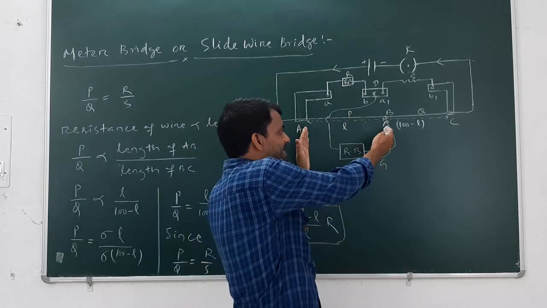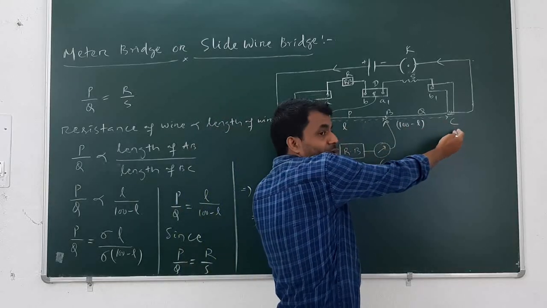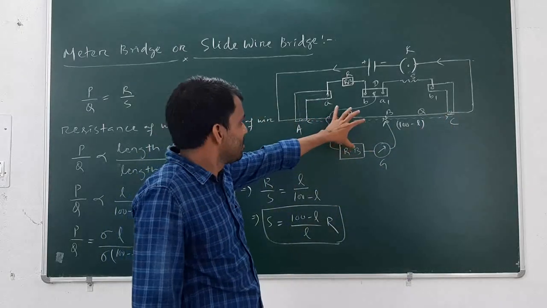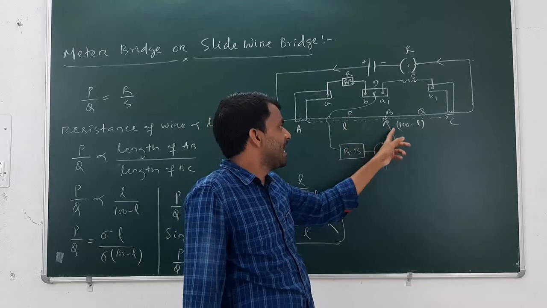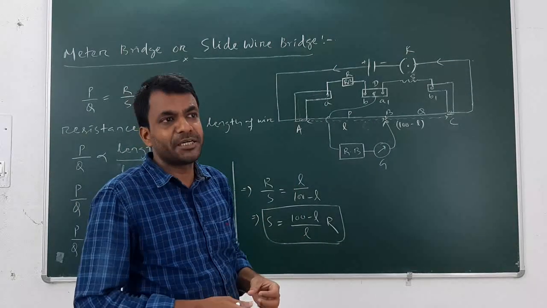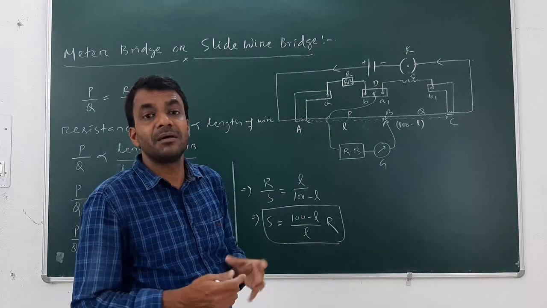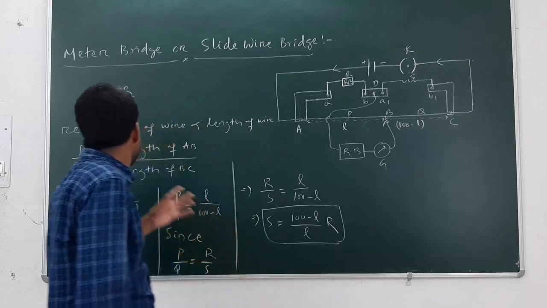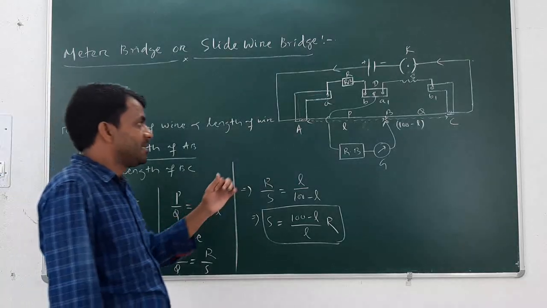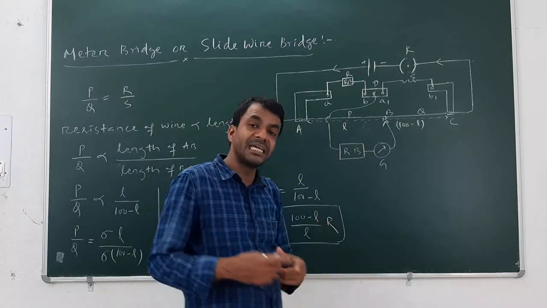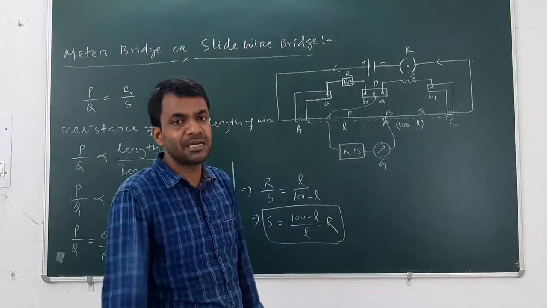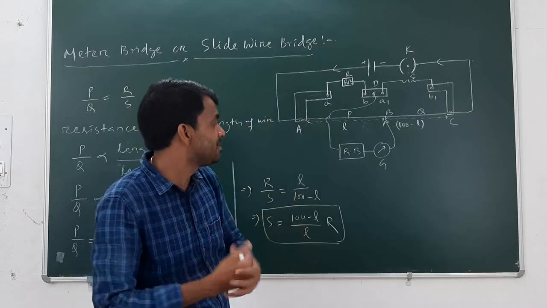Now let this length be L and the total be 100 centimeters, then the remaining BC is 100 minus L. I have taken the resistance of AP as P and the resistance of BC as Q. One of the factors that the resistance depends upon is the length. The resistance of a wire is directly proportional to its length. So the resistance of AP is directly proportional to the length of AP, and the resistance of BC is directly proportional to the length of BC.